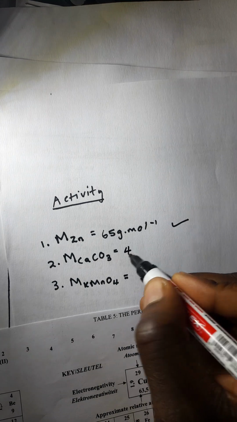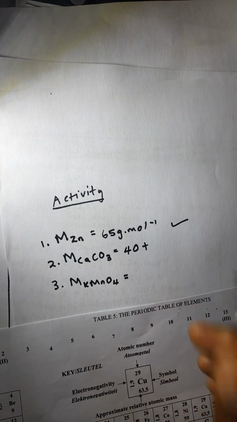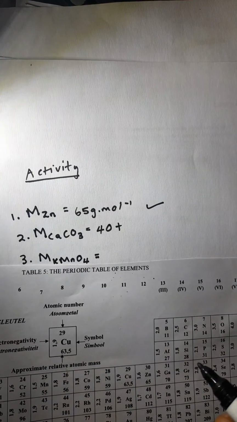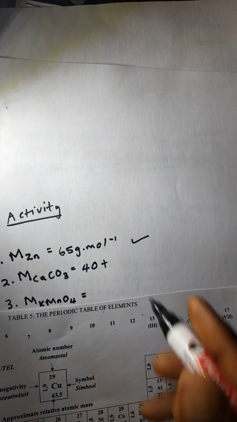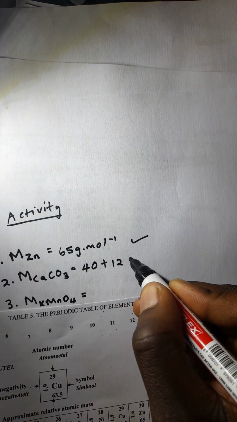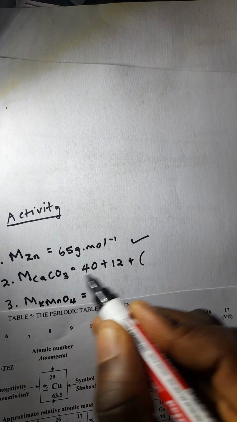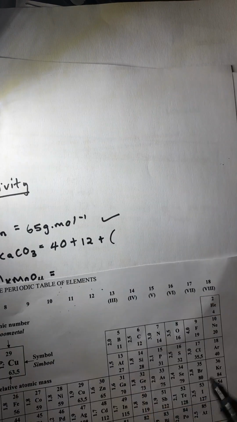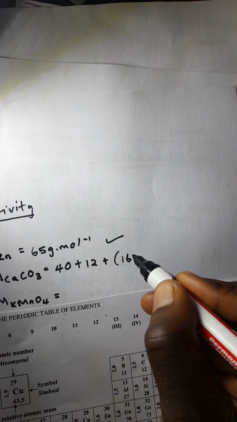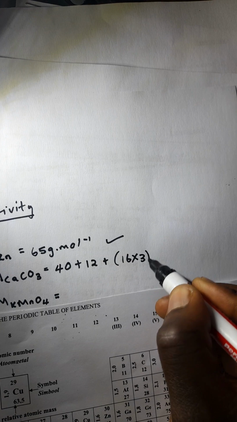Okay, so this is going to be 40 plus, what is the molar mass of carbon? You remember? It's 12. Okay, so this is 40 plus 12 plus, how many atoms of oxygen are we having? 3. So each atom has a molar mass of 16. So this is 16 multiplied by 3.